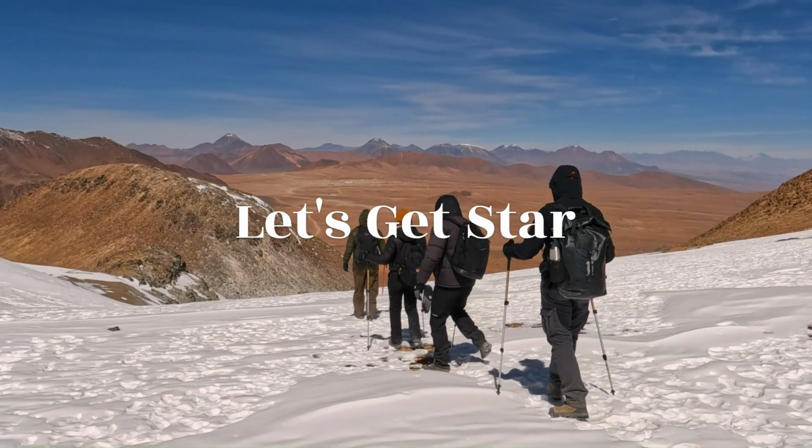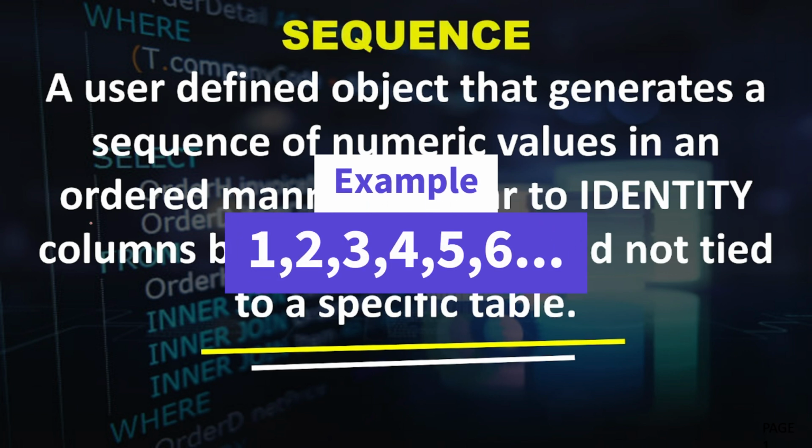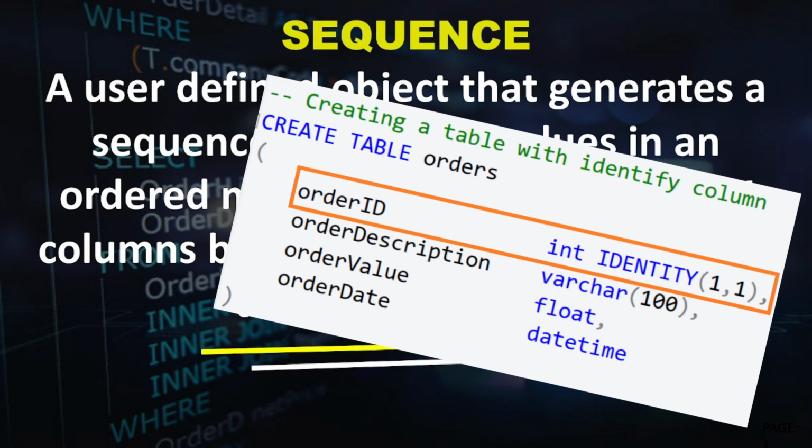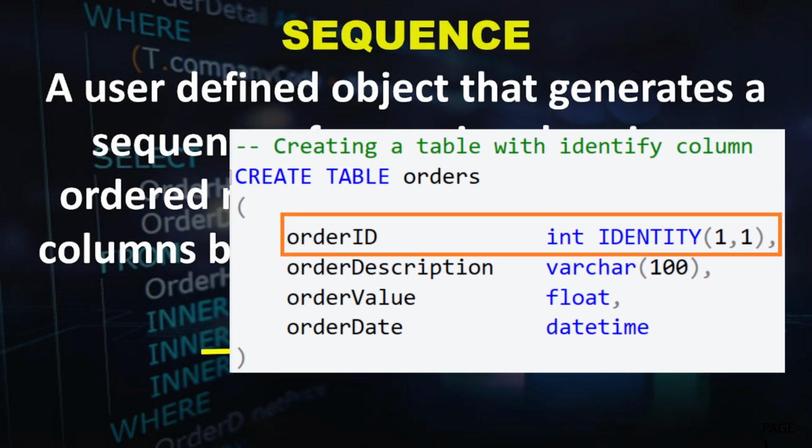Let's get started. A sequence in SQL Server is a user-defined object that generates a sequence of numeric values in an ordered manner, like 1, 2, 3, 4, 5, 6. This is very much similar to identity, but it is different in that it is not tied to a specific table.